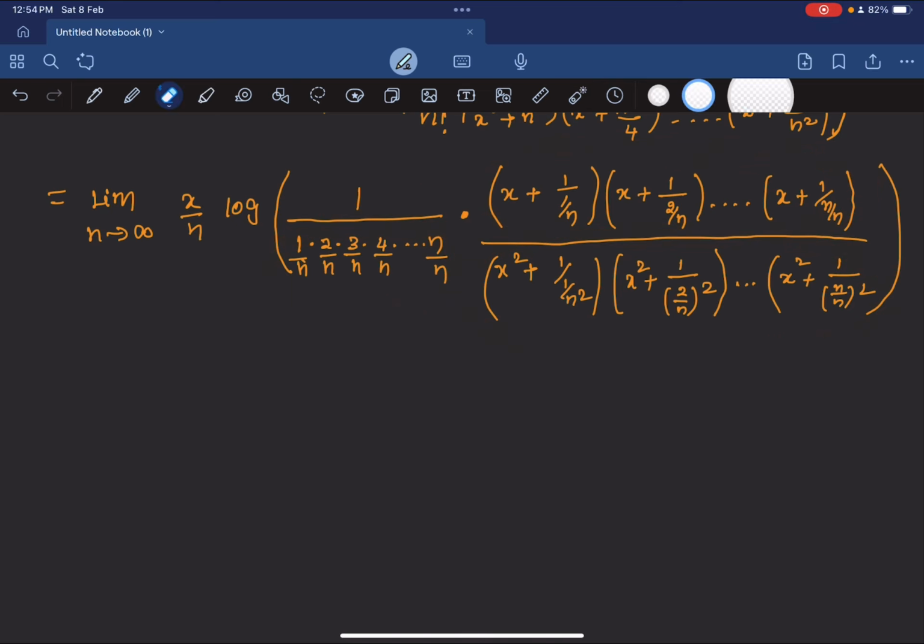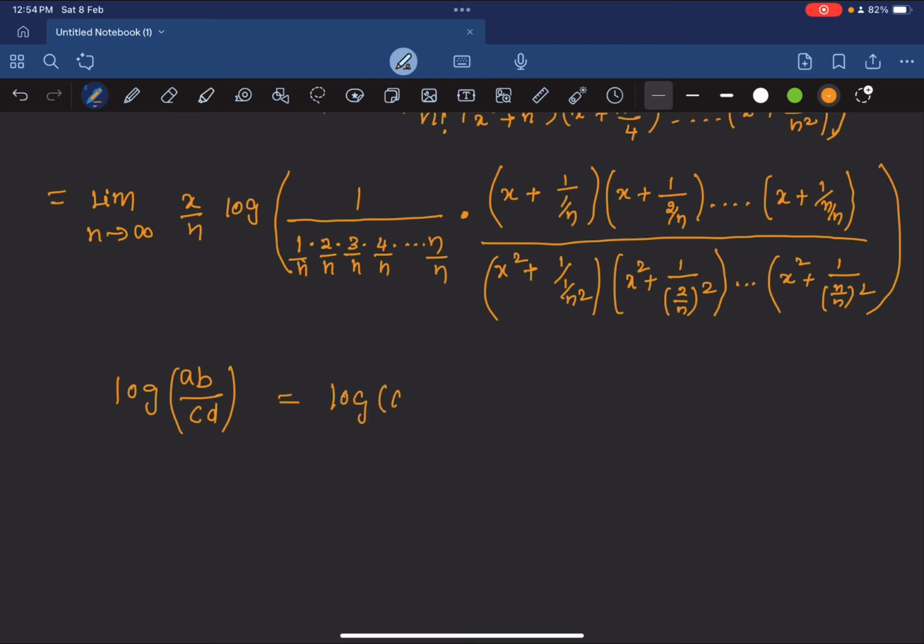Then we have something like this, log AB upon CD. So this looks like log m upon n. That will be log m minus log n. Alright. What is log AB? Log AB is simply log A plus log B, minus log CD is log C plus log D. So it will be something like this.